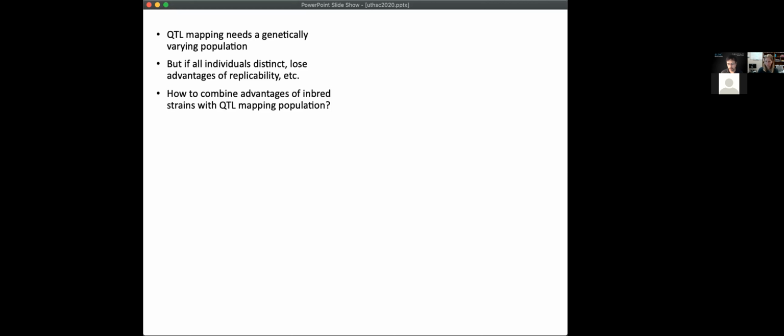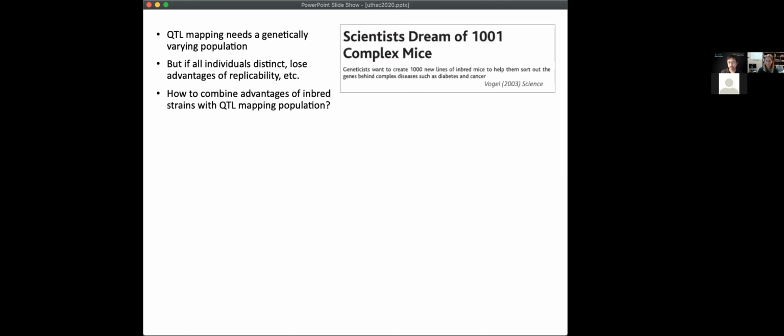In the early 2000s, a group of researchers that include some of the people in the audience, Rob Williams, and maybe others, I can't see, proposed a type of population that would combine these advantages. It would be a replicable population that you could do QTL mapping with.